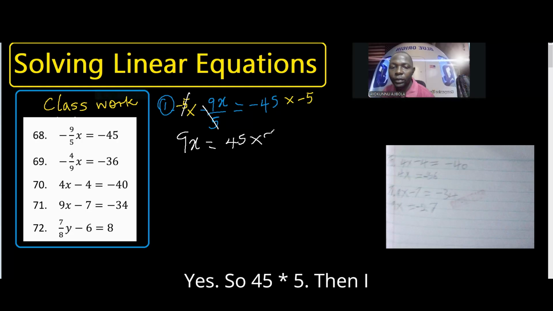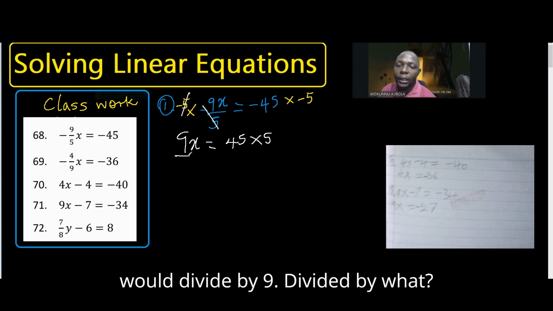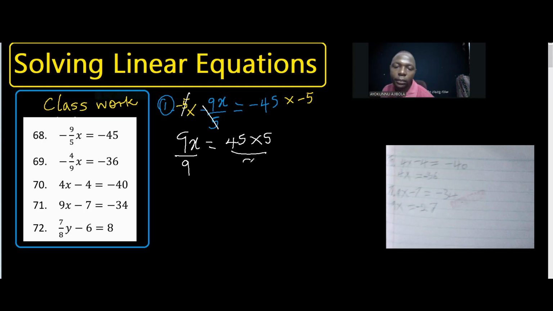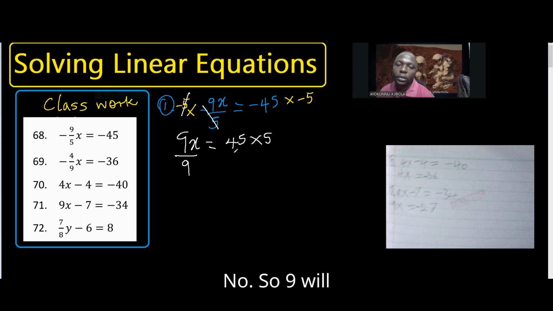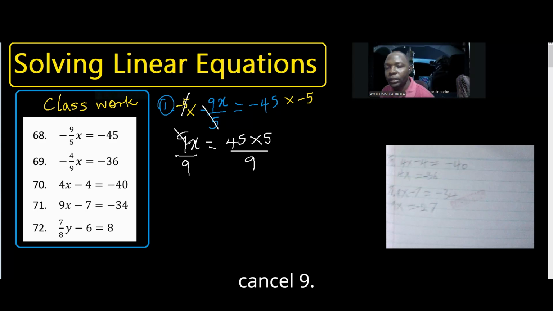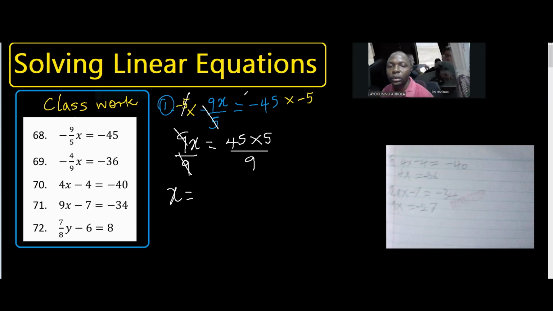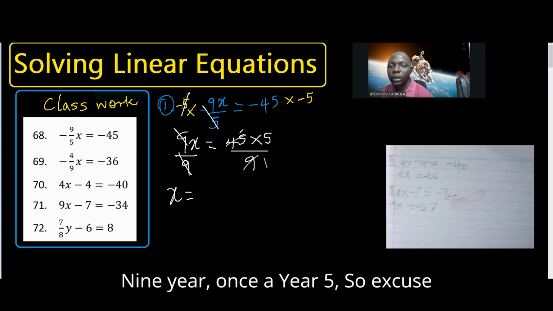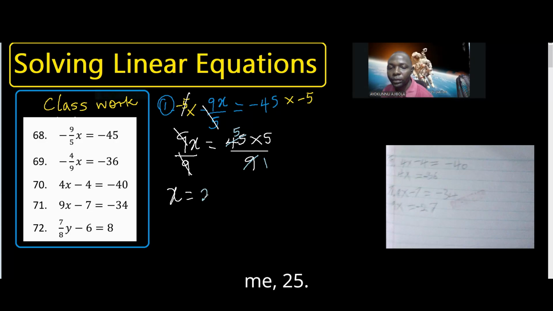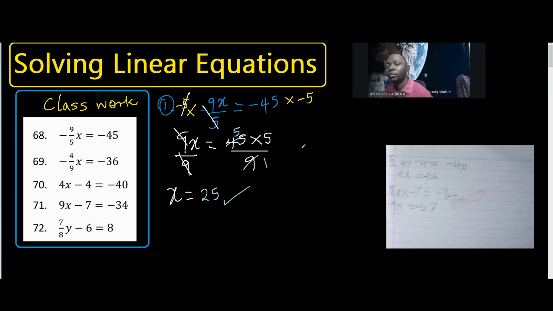Yes. So 45 times 5, then I will divide by 9. So 9 will cancel 9. Then x equals what? 45 times 5 over 9: 9 into 45 gives 5, so x equals 25. Is that clear?